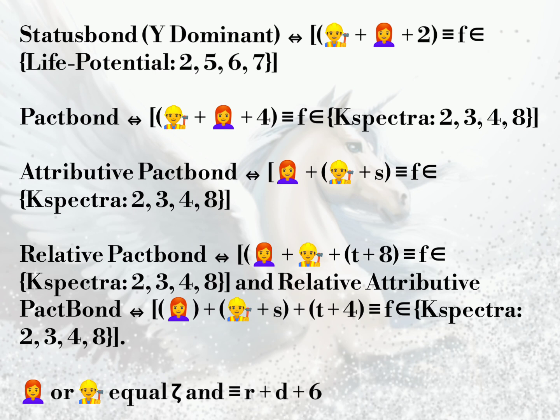Relative pact bond if and only if, woman red hair plus construction worker plus T plus 8, is defined as F element of K spectra 2, 3, 4, 8. And relative attributive pact bond if and only if, woman red hair plus construction worker plus S, plus T plus 4, is defined as F element of K spectra 2, 3, 4, 8. Woman red hair or construction worker equals zeta and is defined as R plus D plus 6.